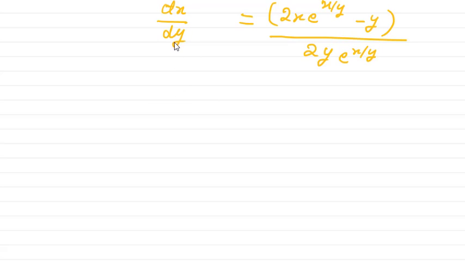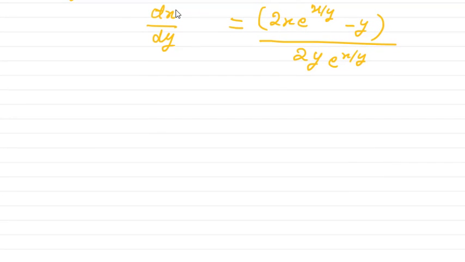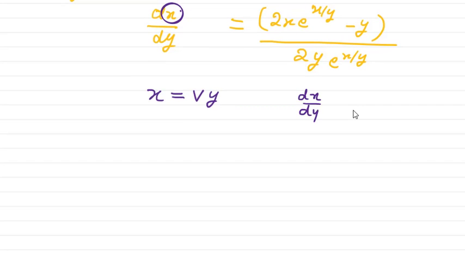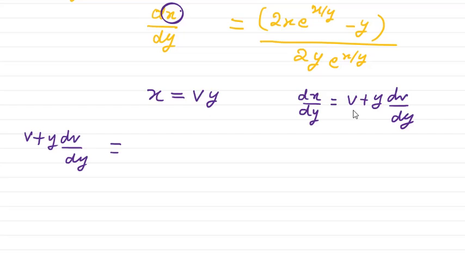So now, as I told, we have dx/dy, which means we will take x = vy. So our dx/dy will become v + y dv/dy. In the place of dx/dy we can put this value: v + y dv/dy equals, and in the place of x we write vy.